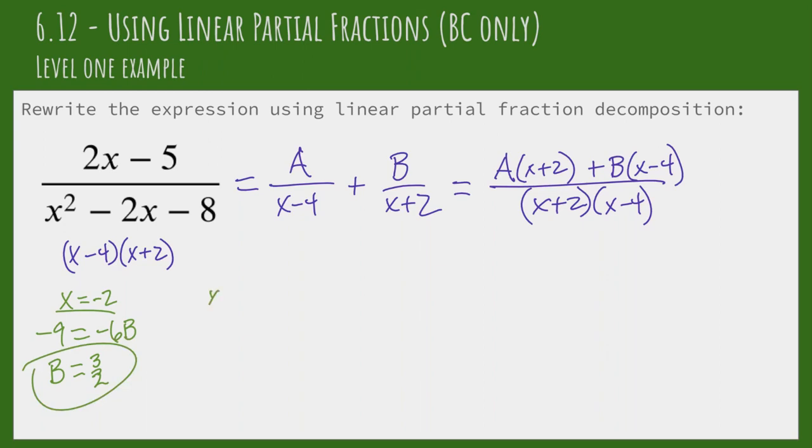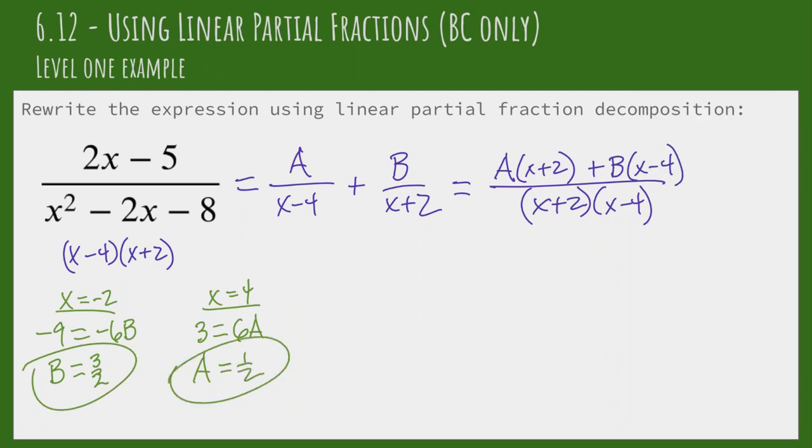And then if we choose x equals 4, that's going to make this go away. So we're going to have 8 minus 5 is 3 equals 6a plus b times 0. And we get a equals 3 over 6, or 1/2.